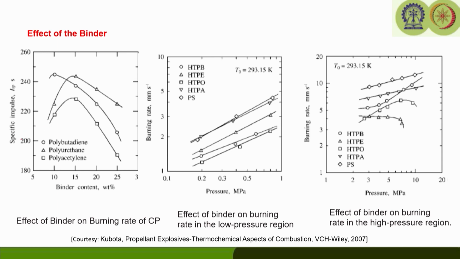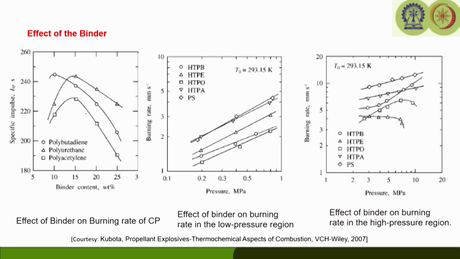We can see that specific impulse is higher, and it is maintained for the higher mass fractions of polyurethane. For polyurethane, you see this triangle legend, which is maintaining the higher Isp in the region of higher mass fraction of polyurethane. Higher mass fraction of polyurethane means we are talking about 15, 20 or more.